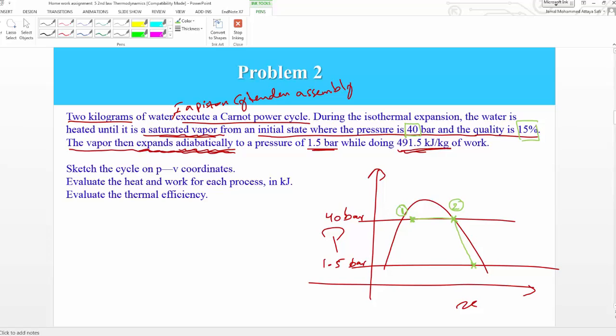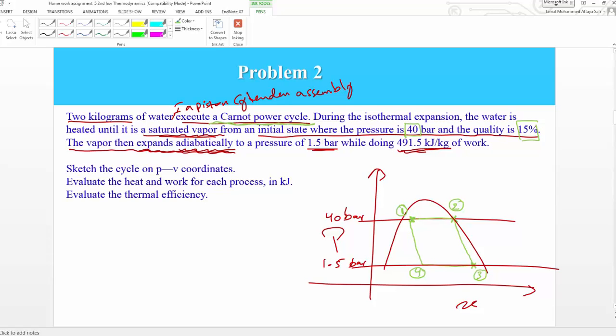Until the pressure is 1.5, and then you don't have so much information about the rest, but you know that in a Carnot cycle you go back to 4. So that is 4. You have to complete the cycle, although the problem is not giving you information for the whole thing, but it tells you that it's a Carnot cycle.